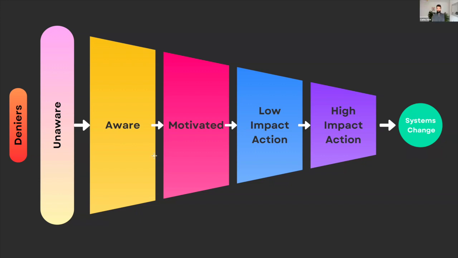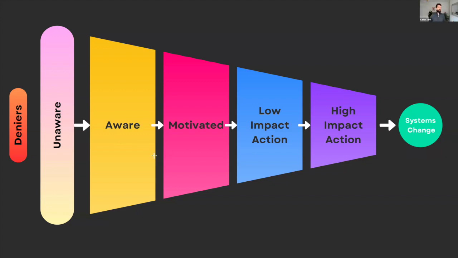What do you think? And actually, you could put the deniers and the unaware in two boxes, one on top of the other. Let me make it a drawing. Yeah, I think I like it something like this.